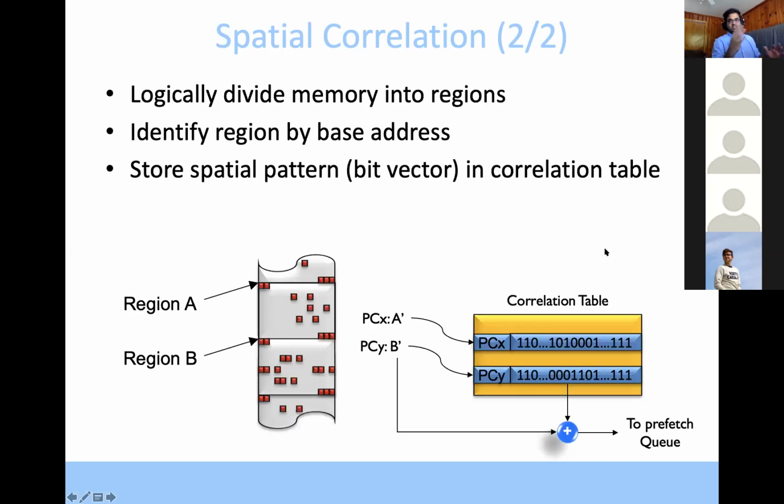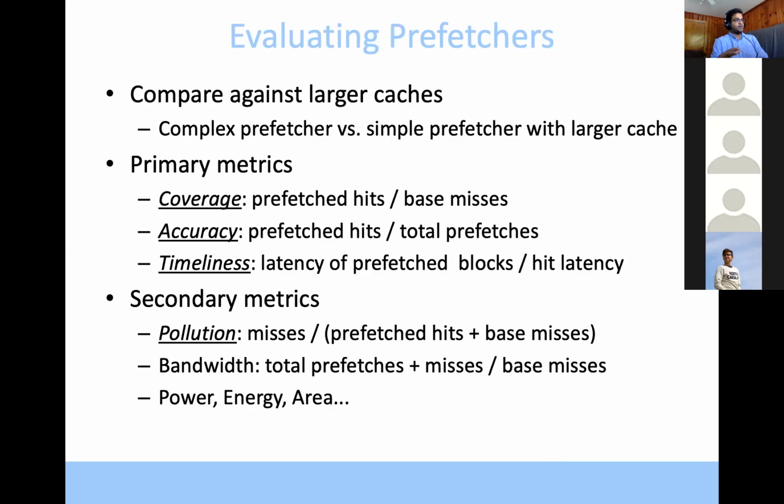That's a bit of an engineering decision as to whether you keep it in one entry or multiple entries. So that's one simple way of handling within-page spatial locality. We're not going to spend much more time on that.